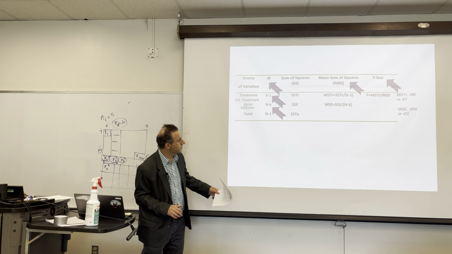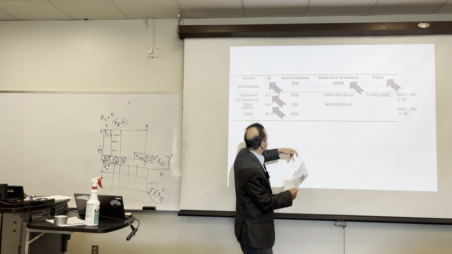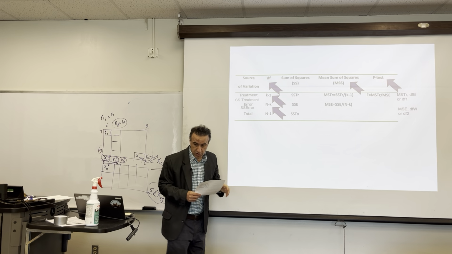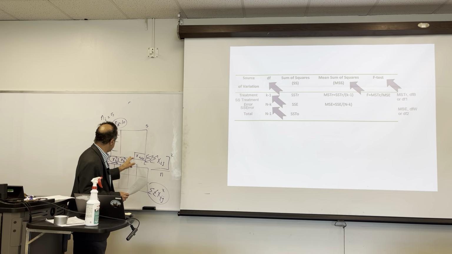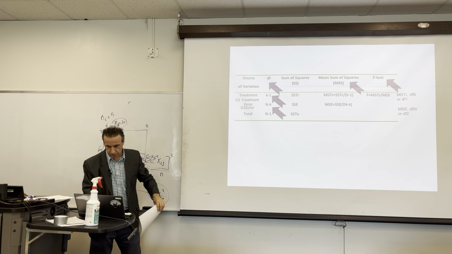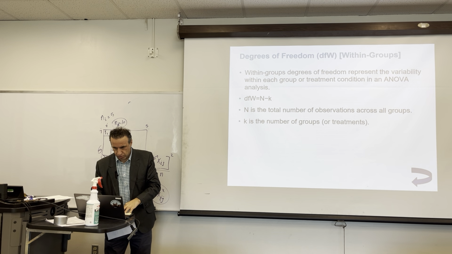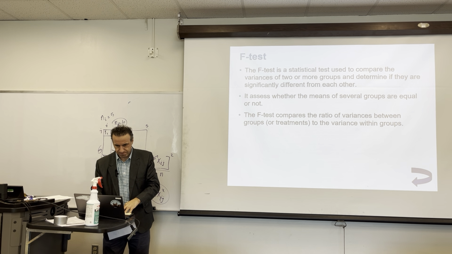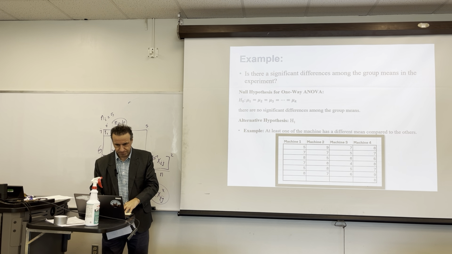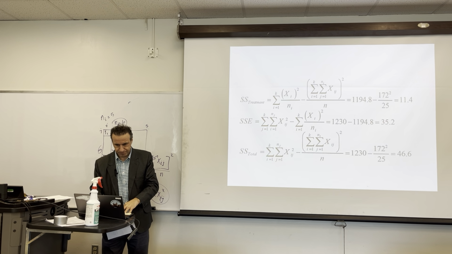Okay. So how can we find these numbers? Once you find these components, you can go to this equation. Where is this one? This equation, you see, you need this one, right?